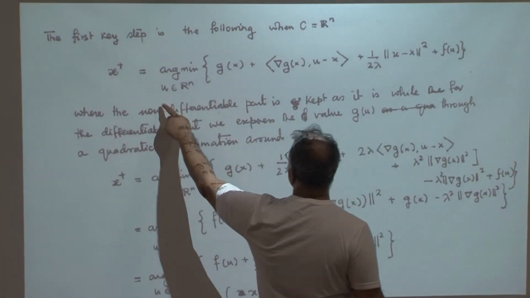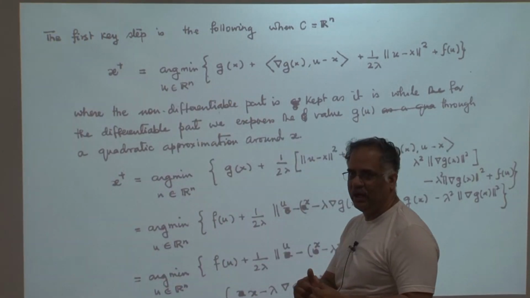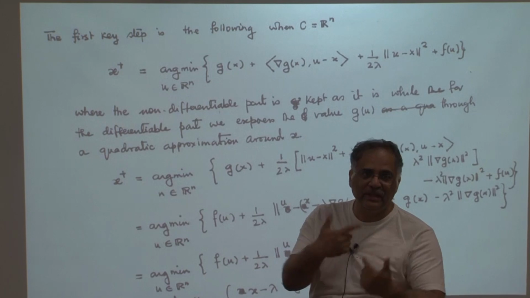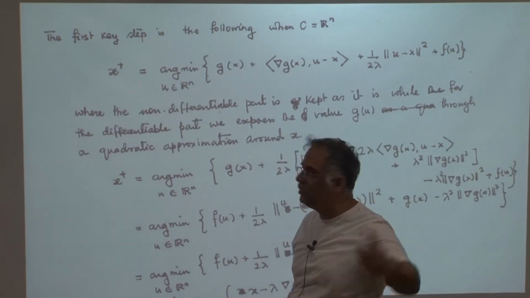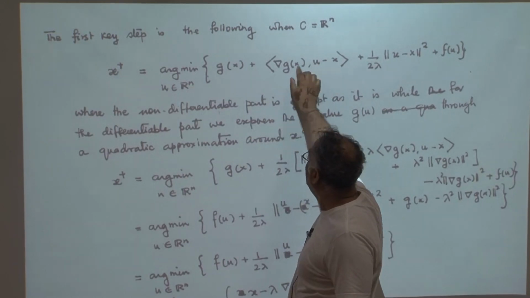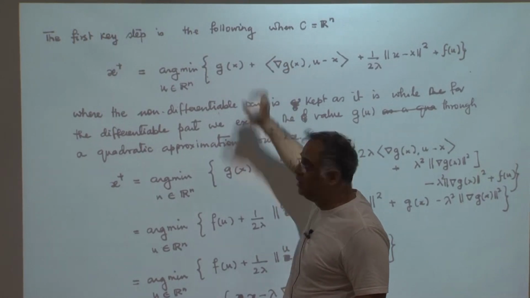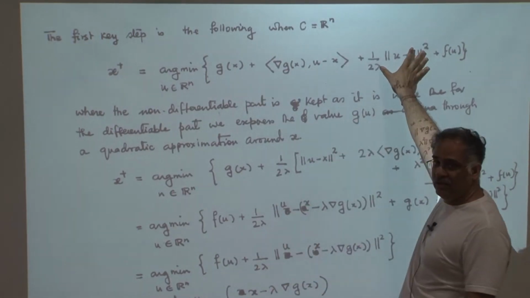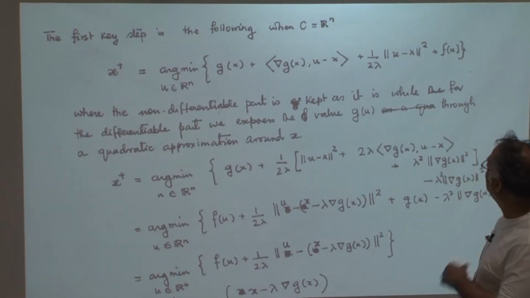What you are doing is minimizing, where x is fixed, x is your current iterate. How do you go to the next iterate? You go to the next iterate by solving another convex optimization problem. So g of x is fixed, the term g of x times u minus x, where x is always fixed, is an affine function. This is a strongly convex function and this is anyway given to be strongly convex.